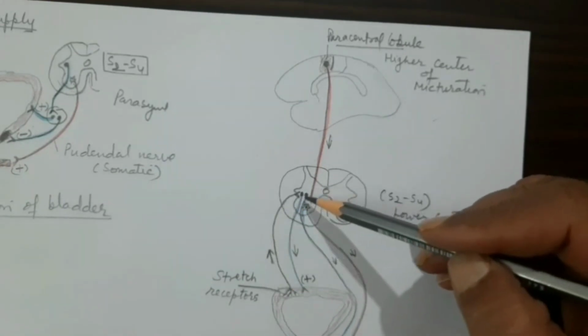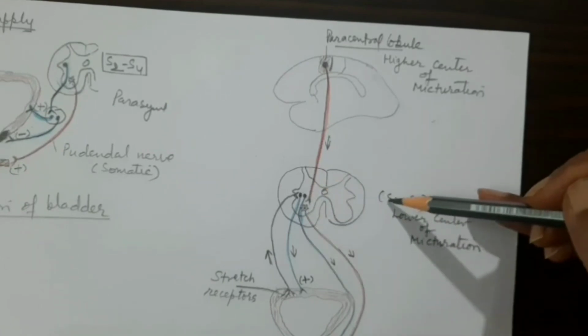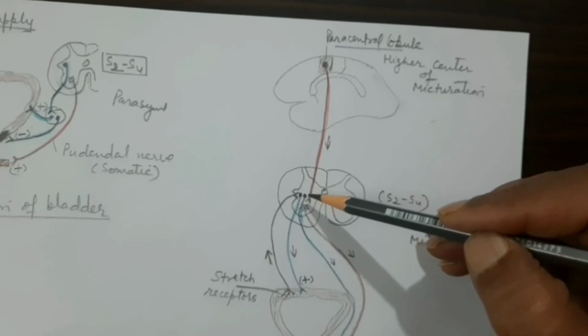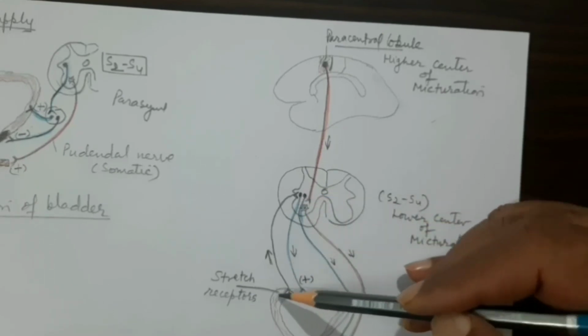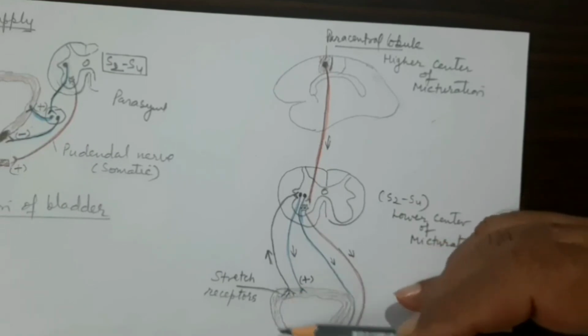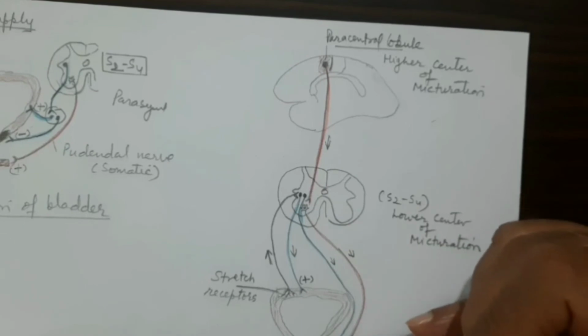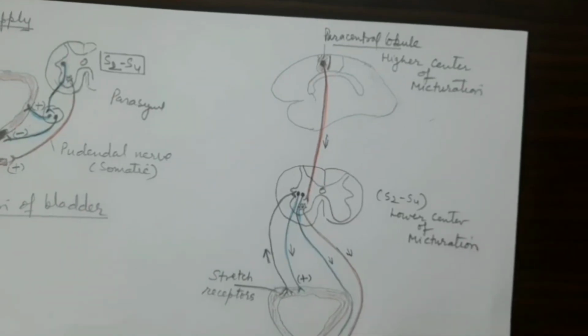They go up to the lower micturition center at S2 to S4 spinal level, and this stimulates the parasympathetic motor activity, which leads to contraction of the smooth muscle in the wall. At the same time, these parasympathetic fibers going to the internal sphincter will relax the internal sphincter. So the micturition will take place. The urine will pass.